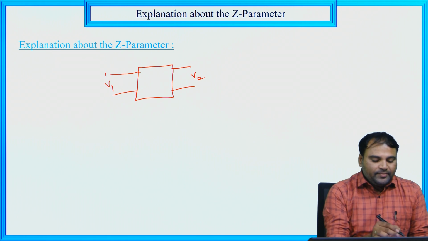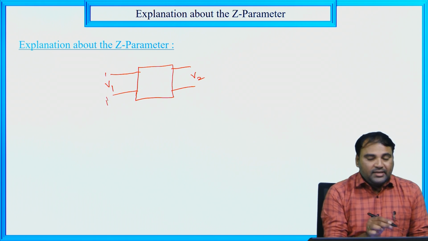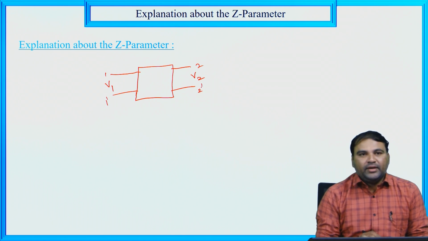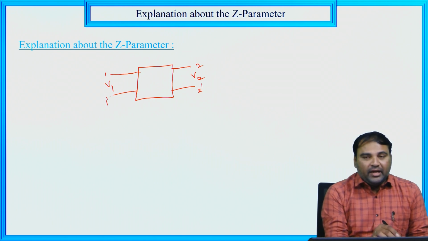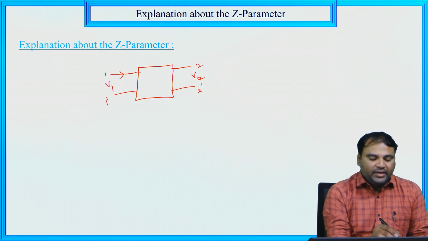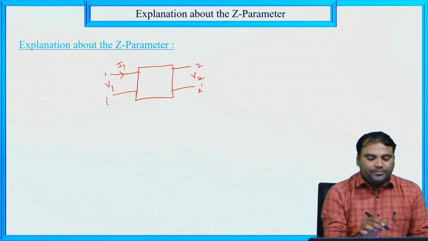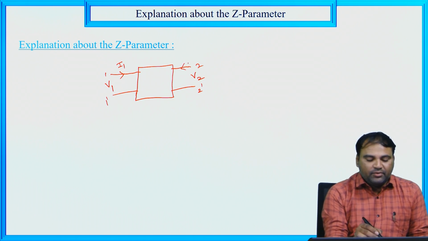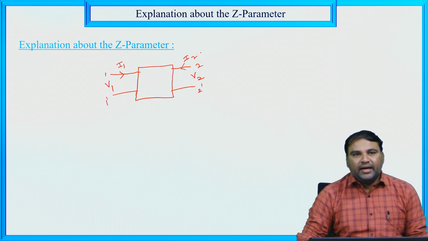The terminals are represented as 1 dash, and on the secondary side as 2 dash. We also have the input current, which I am taking as I1, and for the secondary side, the secondary current I am taking as I2.